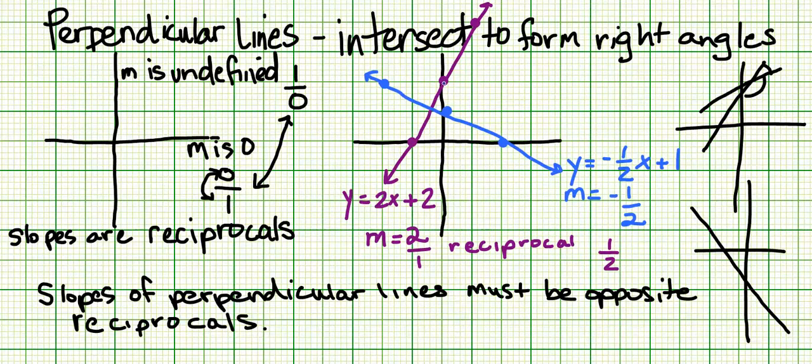So whatever line that is has to have a slope of -1/2. Let's make a bigger dot. And we'll make it the dark blue. Boom. And boom. And when I connect them, try to do the best I can.